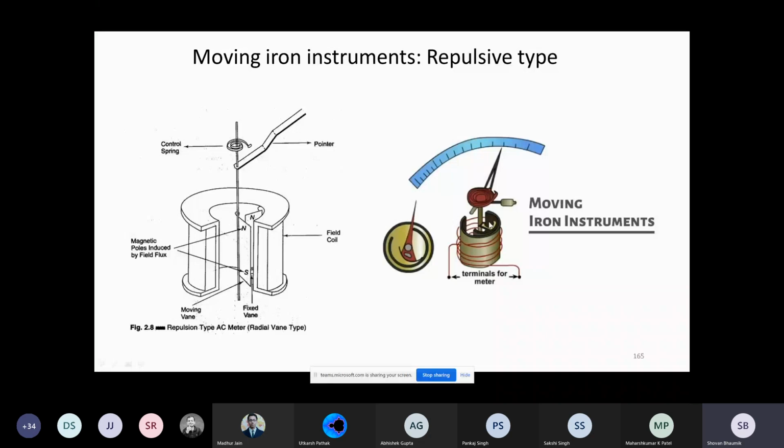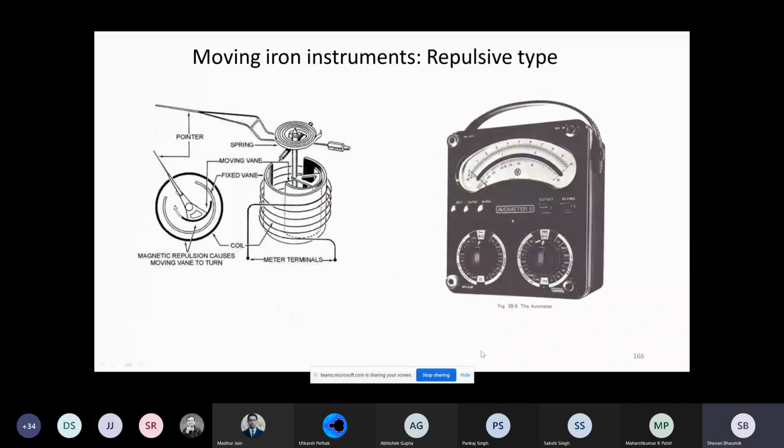As the current passes, the two vanes produce the same polarity of magnetic field, and they get a repulsive force. As the moving vane can move, it starts rotating. The spring starts producing the controlling torque, and at one point of time the deflecting torque equals the controlling torque, and the deflection stops, and it stays there, and deflection is proportional to the current passing through this coil.